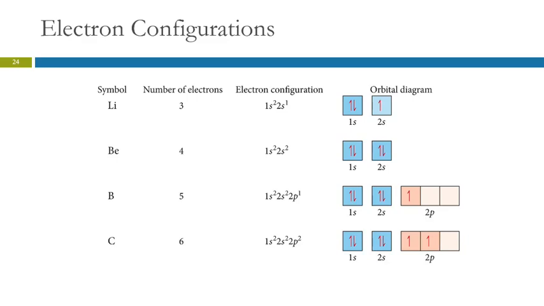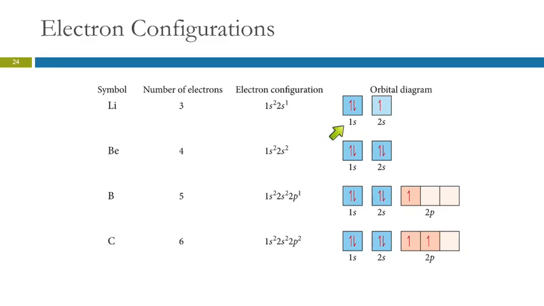So we've talked about hydrogen and helium. We'll just go through some of the smaller elements. Here's lithium. Lithium has 3 electrons. I like to look at the orbital diagrams first. When I draw orbital diagrams, I'm going to imagine that I'm drawing the rooms and the beds in the hotel, and I'm just going to draw as many as I need.